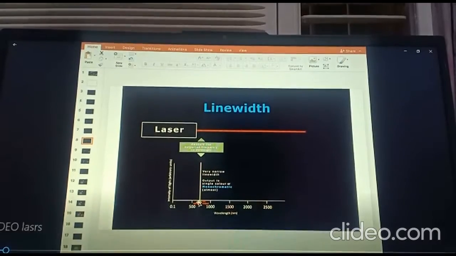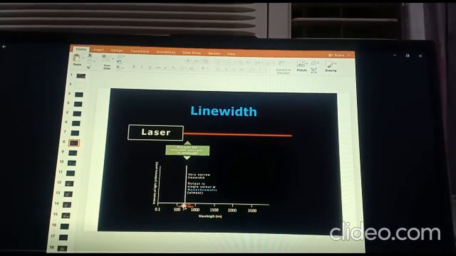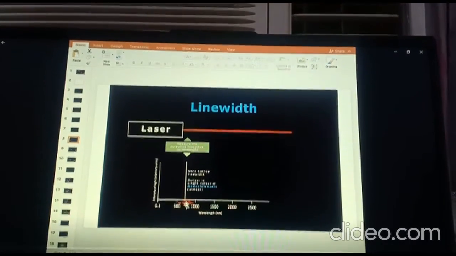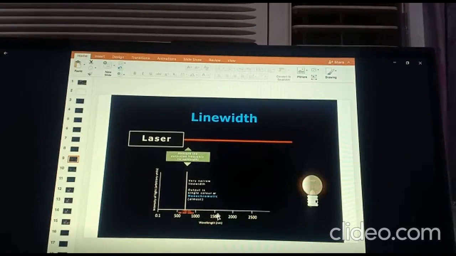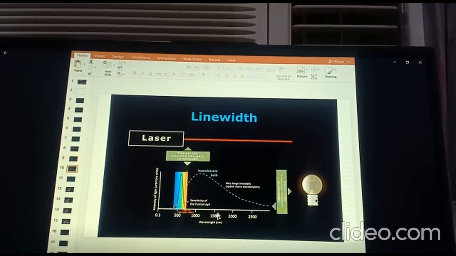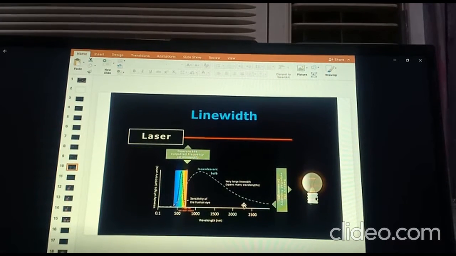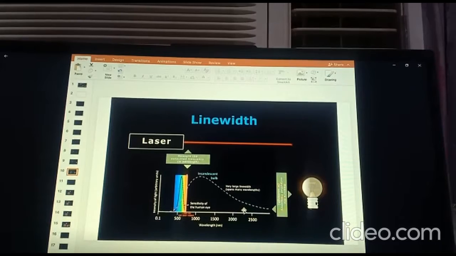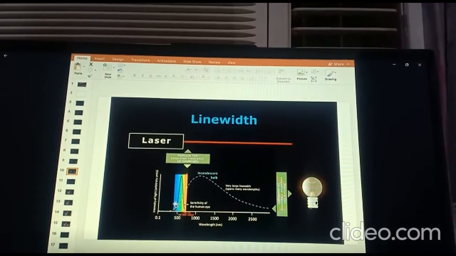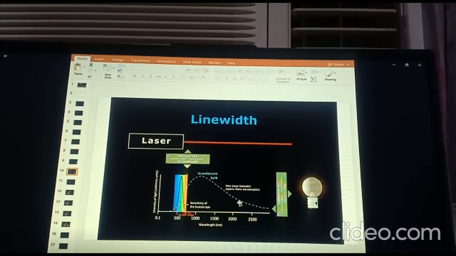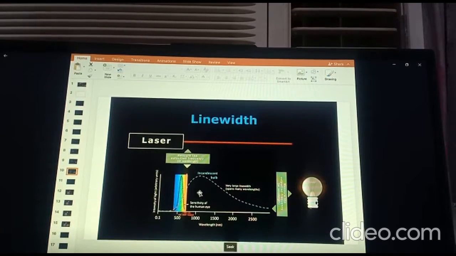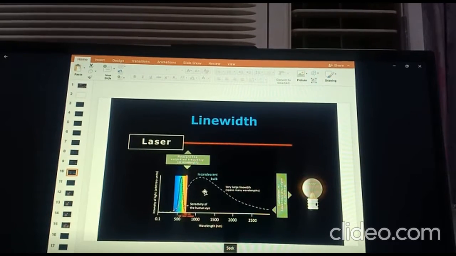We can see that the line width is very narrow, whereas an incandescent bulb's range is very much wider than a laser. Laser has a very short and narrow line width. That's the main property of the laser.